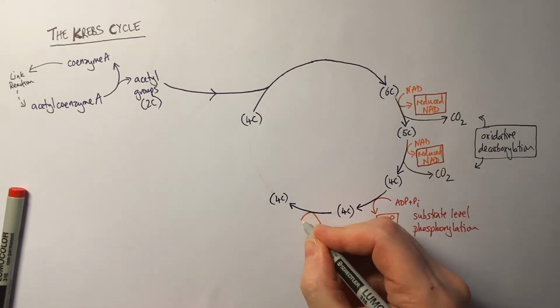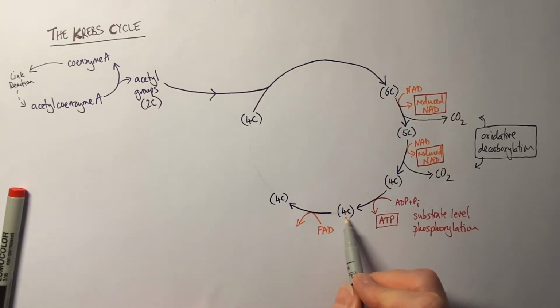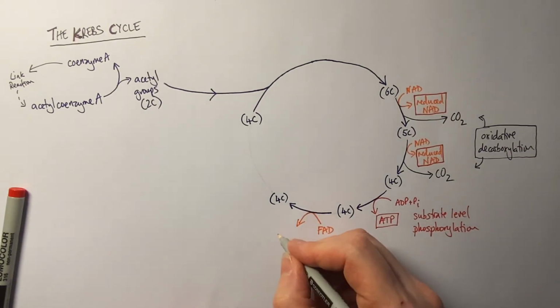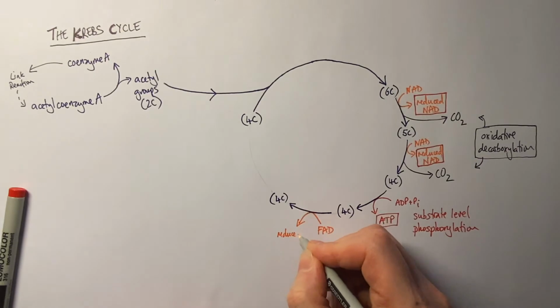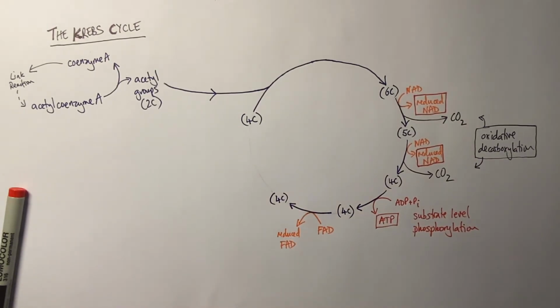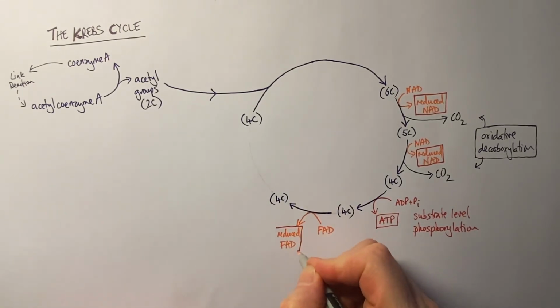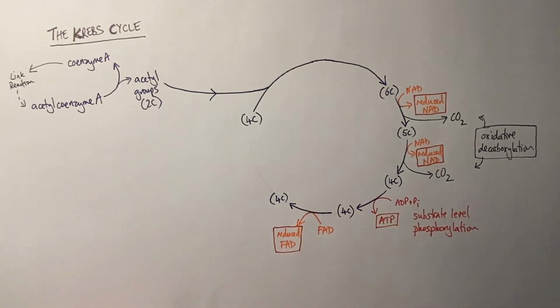It's exactly the same process. FAD comes in, picks up hydrogen from this 4-carbon compound, and we get reduced FAD formed. It does make a difference, you'll see that next time, but generally the process is exactly the same.